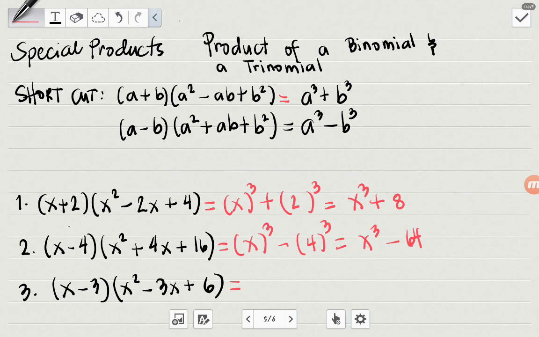Okay. Next, number 3. Tingnan natin kung ano may gisagot. Check natin kung pwede gamitin tong special product natin. Check natin. Plus, minus, minus. Plus, minus to. So, hindi mo na pwede gamitin. Hindi mo pwede gamitin to. Kung ito naman, iba to. Sa pattern nito. So, hindi mo rin pwede gamitin yung una, hindi mo pwede gamitin yung pangalawa. So, that means, hindi mo pwede gamitin to.